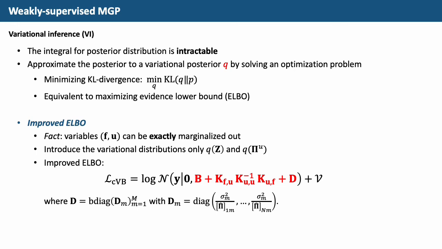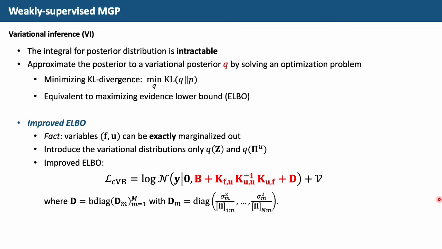In our approach, we slightly modified the mean field approach, inspired by an observation that the variables f and u in sparse MGP can be exactly marginalized out, as we have seen before. This allows us to introduce variational distributions only for z and pi u.